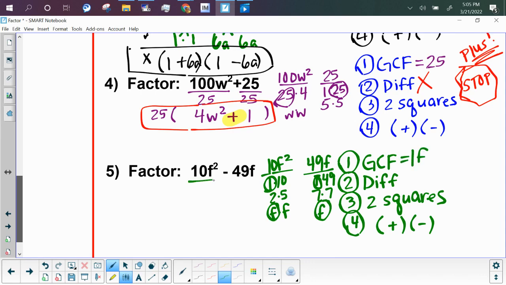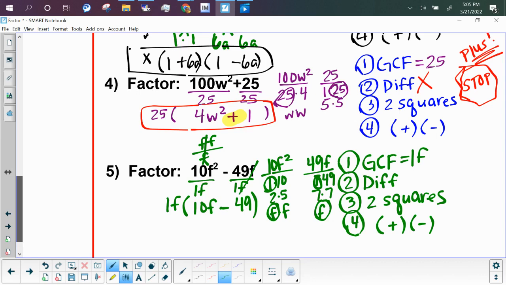If I divide out a 1F, I end up with 1F on the outside, and then I have 10, and this one had 2 F's, and I'm dividing by 1F, so there is an F left here. And then here I've got 49 divided by 1, which is just 49. The F's cancel out.